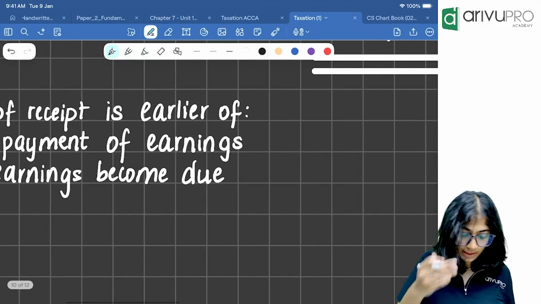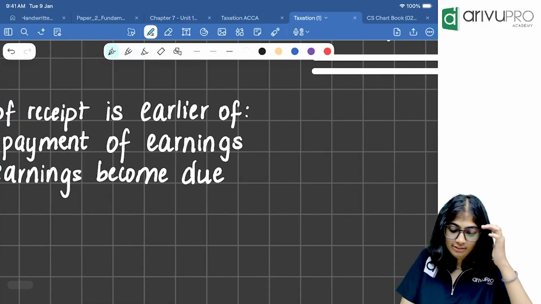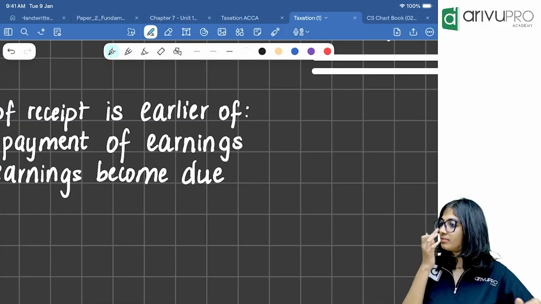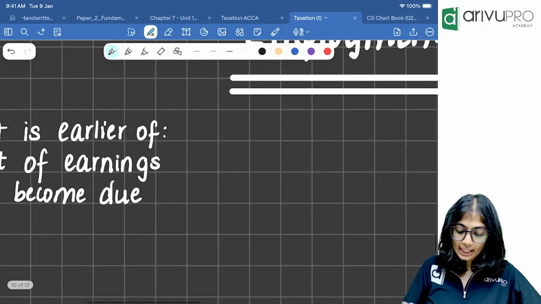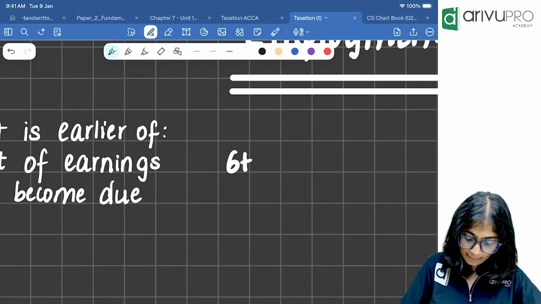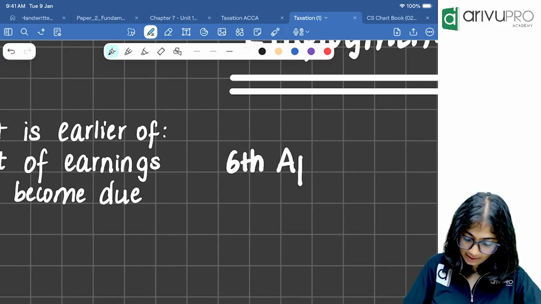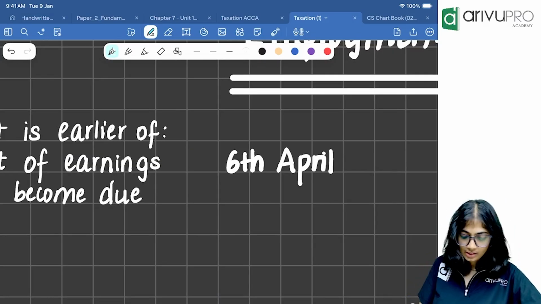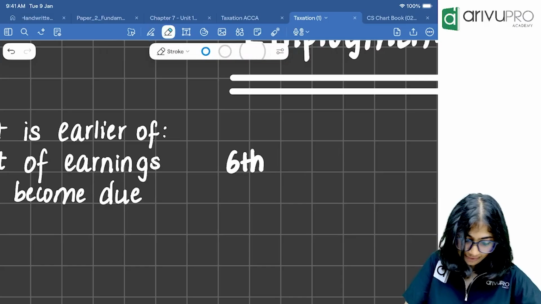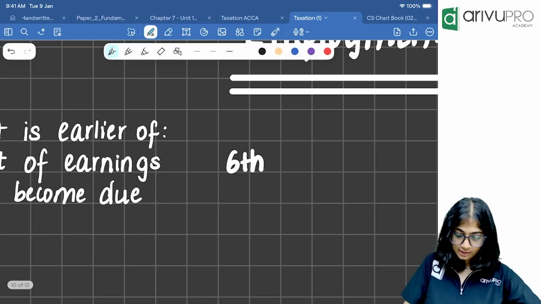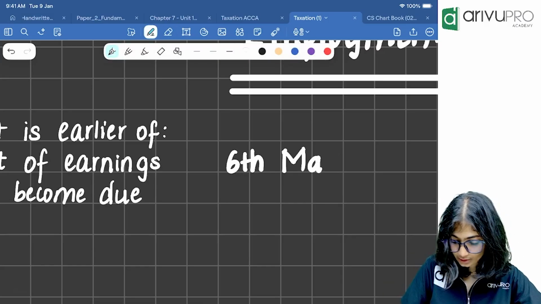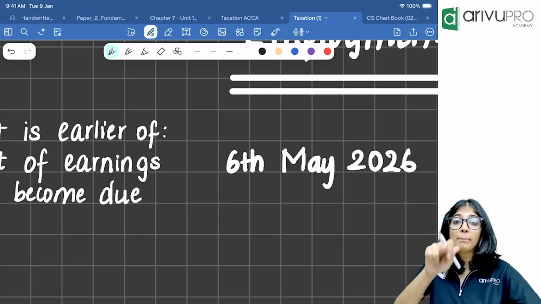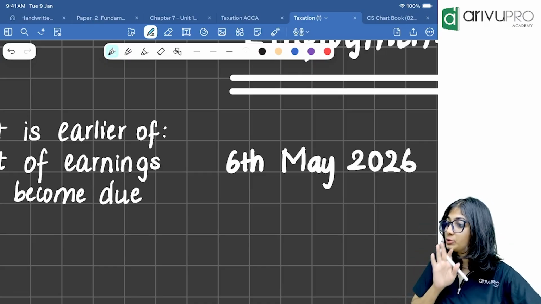For example, let's say I am supposed to receive my salary on the 6th of every month. Now it's May, so let's say 6th May 2026, I'm supposed to receive my salary.